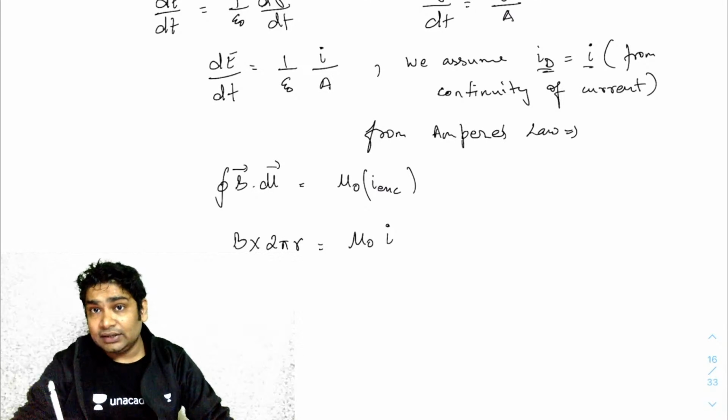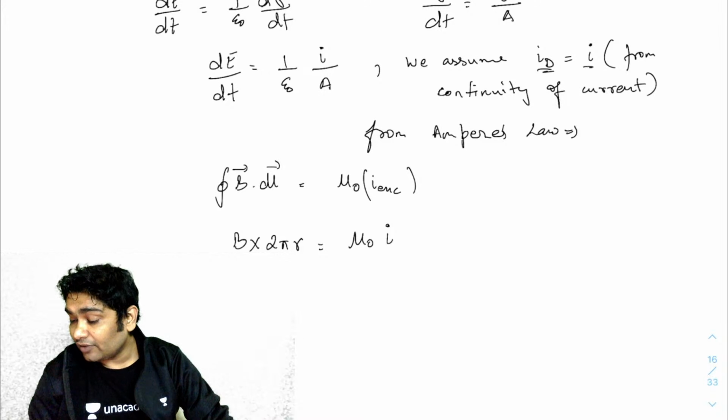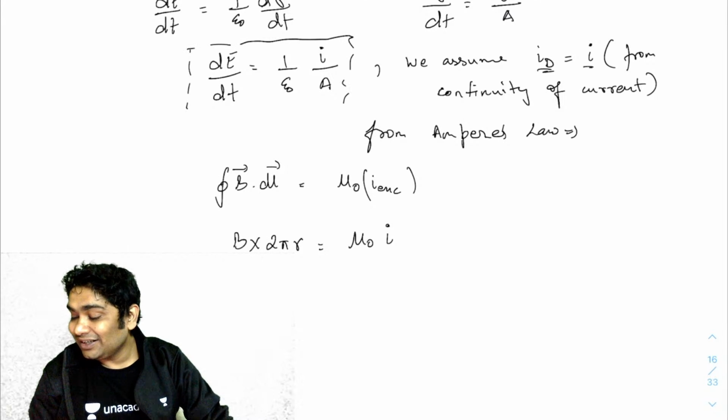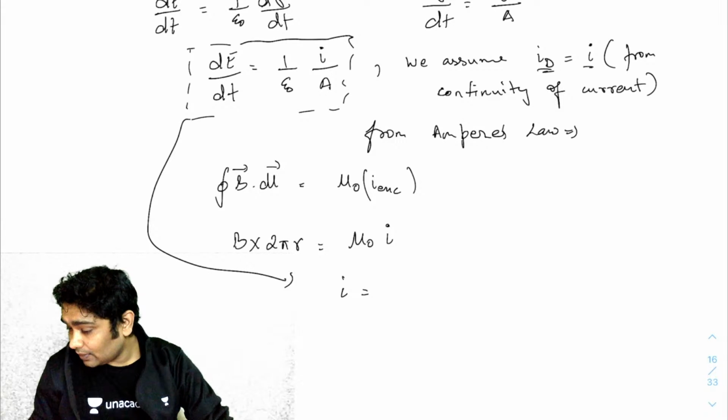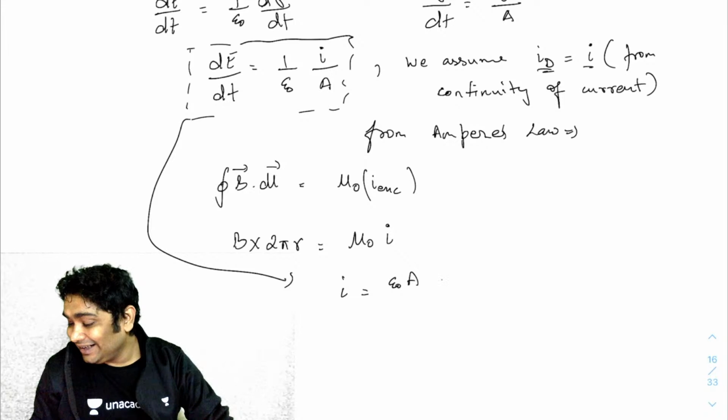And if I equate this to this equation, from here I can also realize that I is equal to A epsilon naught dE by dt.